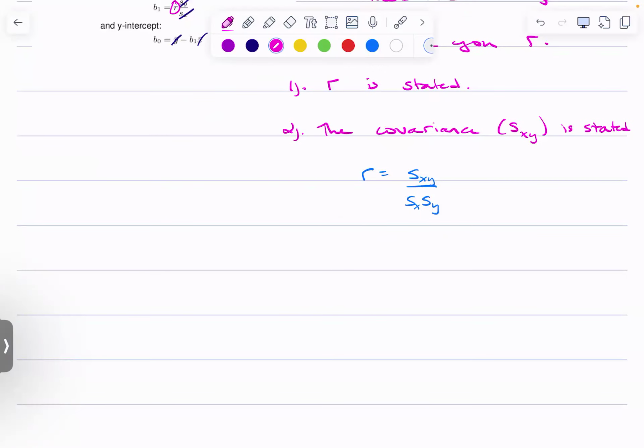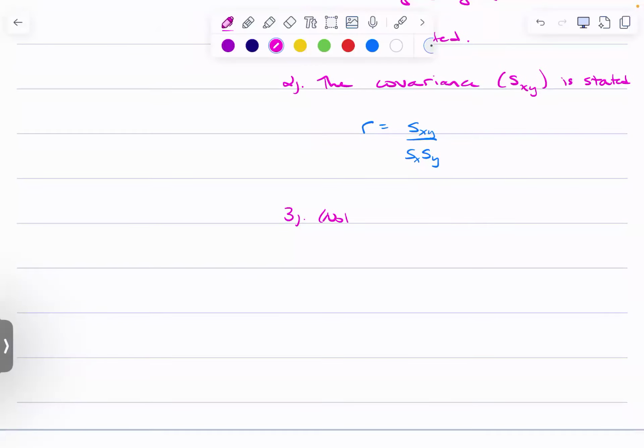We haven't seen it yet, but I could give you R squared is stated.